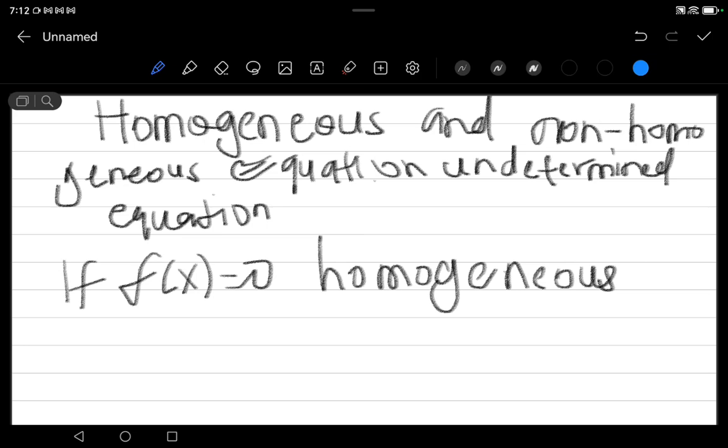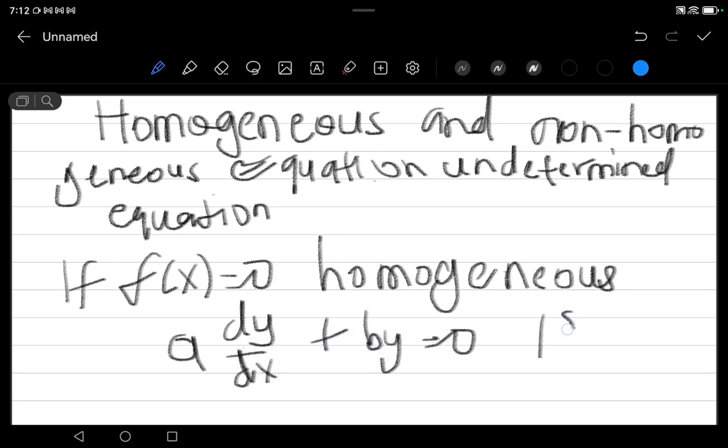This is how we're going to see if the equation is first order or second order. It's going to be a constant, a value. So a is a constant, a dy over dx plus by equals 0. So this is the first order equation. A and b are constants.